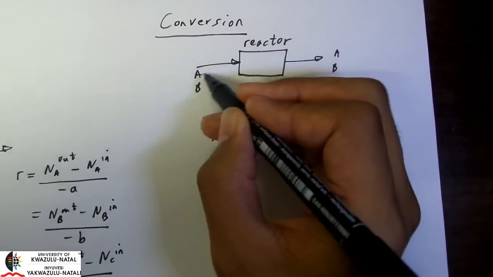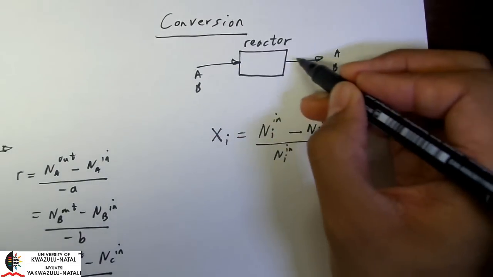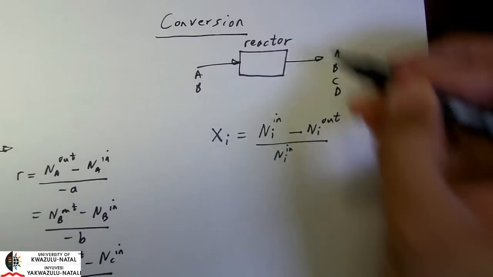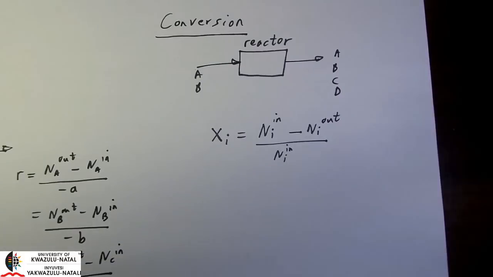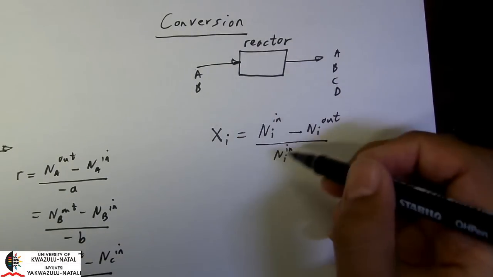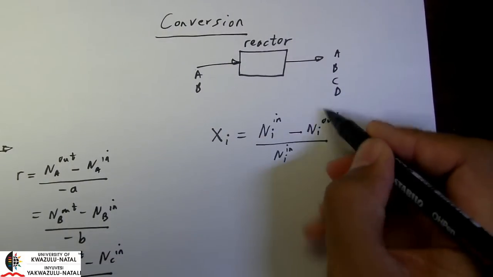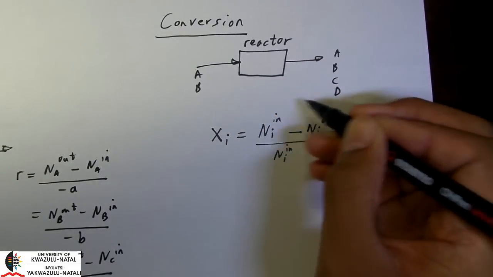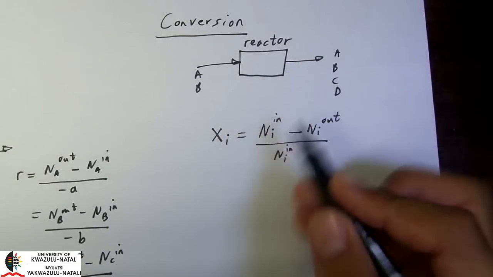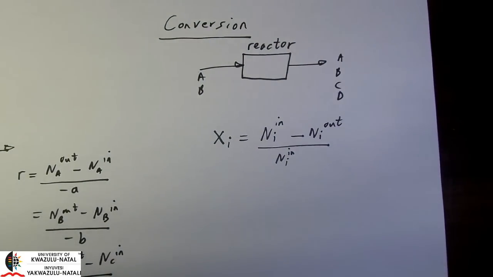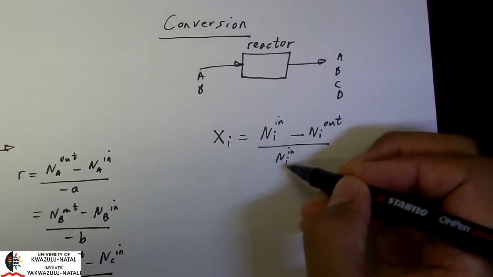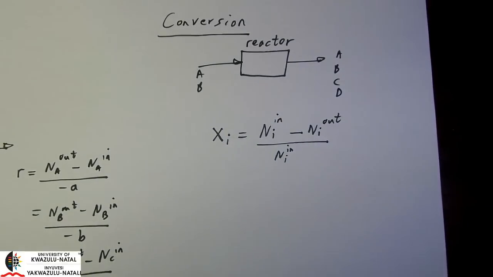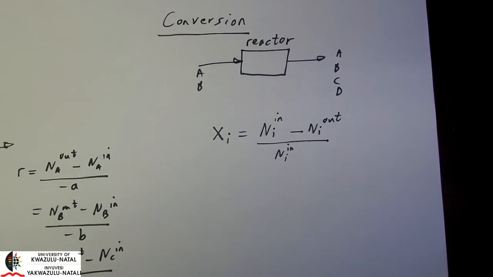If a certain amount is going in and we have a lesser amount coming out, obviously the difference is what converted. So this difference is representative of the amount of reactant that actually converted in the reaction, and we're dividing it over our input flow rate, and we get a fractional conversion.